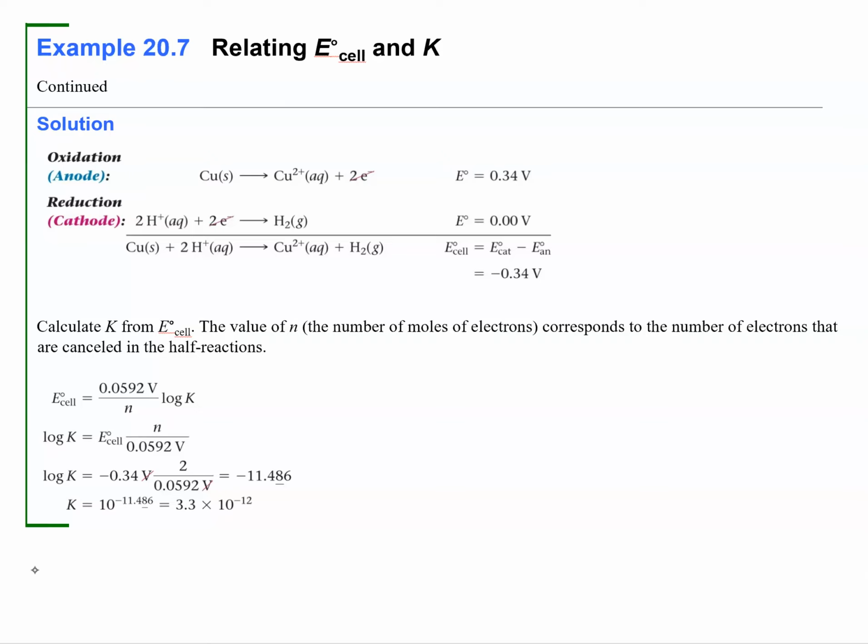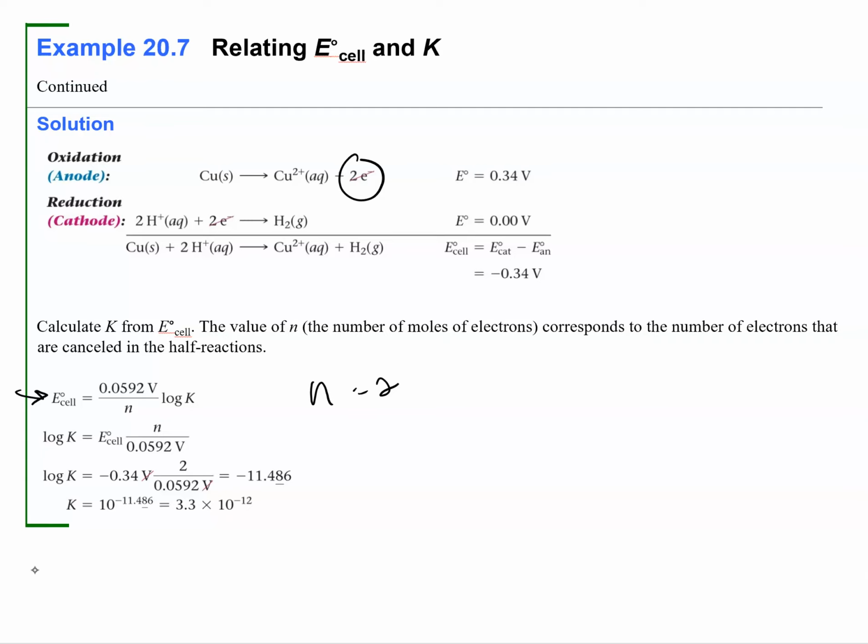Now that we have a cell potential of negative 0.34 volts, we can go straight to our relationship between the standard potential for the cell and K, which we have given, and we can plug and chug. How many electrons are moved here? In this particular case, 2, so n is going to equal 2, because 2 electrons moved per equivalent.